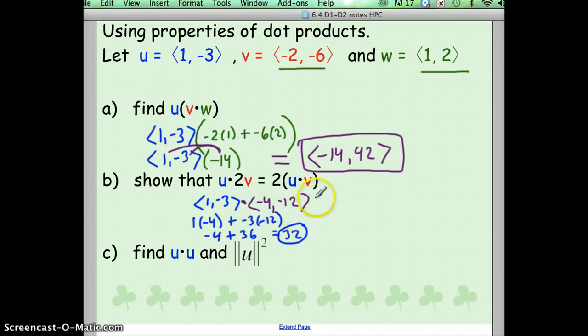Well, okay, let's compare that to the second statement where we're going to do the dot product first. So the dot product of u and v. Okay, so u was 1, negative 3, and v is negative 2, negative 6. We're going to find the dot product of those.